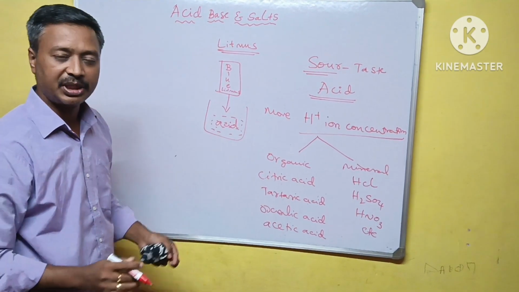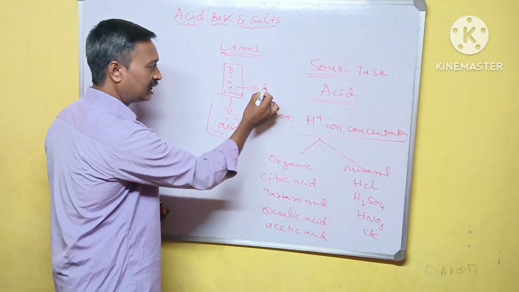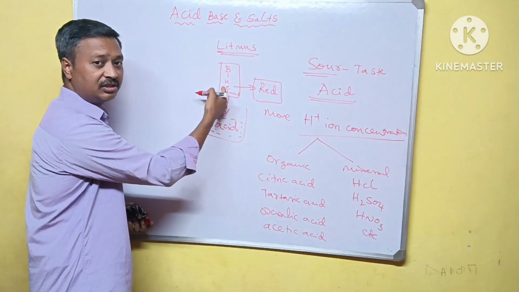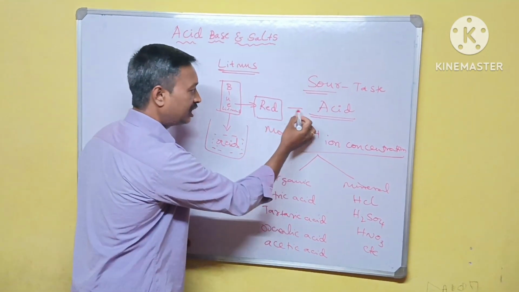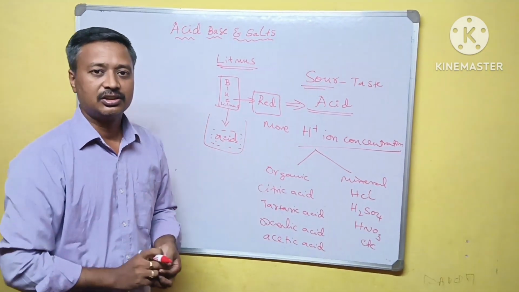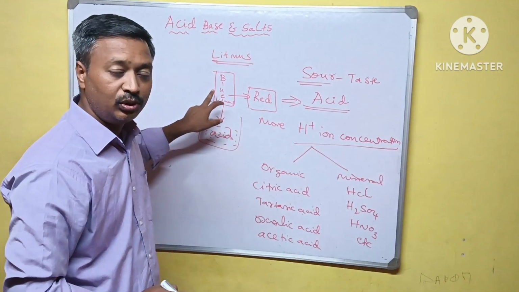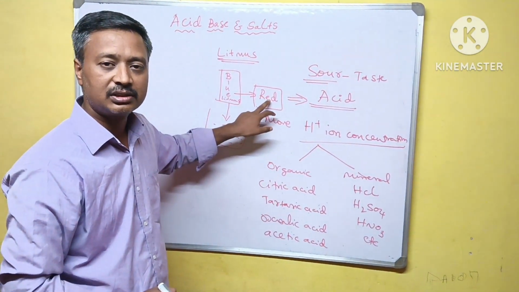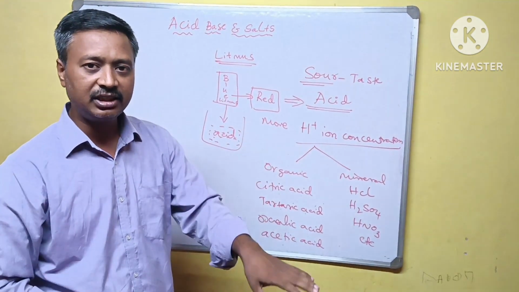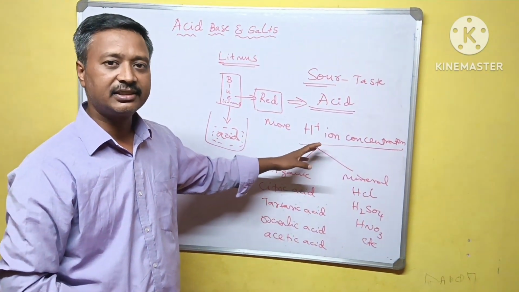If the blue litmus changes to red, then the given solution is acid. So you come to know that acid converts blue litmus into red litmus. If the given liquid converts blue litmus into red, then the given liquid is acid. In this way, we test the acid.